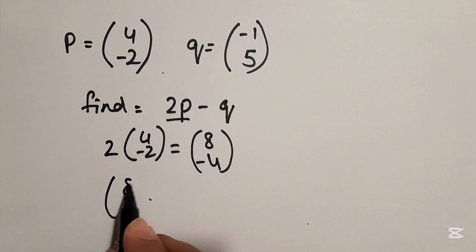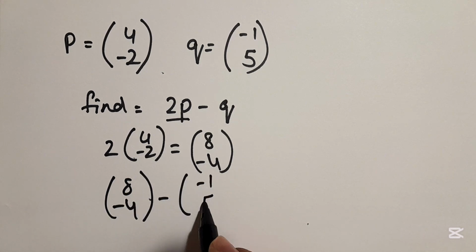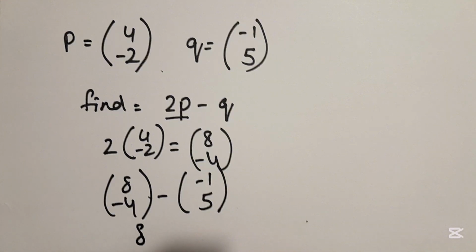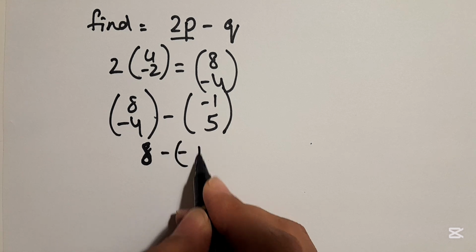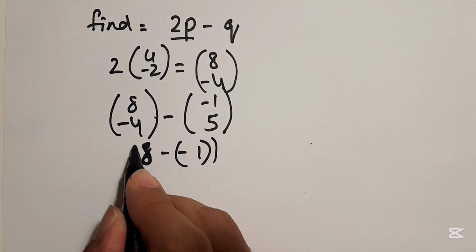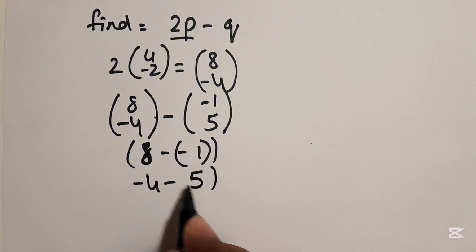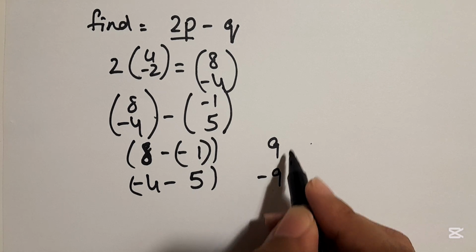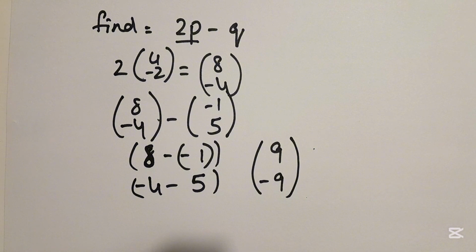So (8, -4) minus (-1, 5). 8 minus minus 1 and minus 4 minus 5, that will be 9 and minus 9. So the final answer is (9, -9).